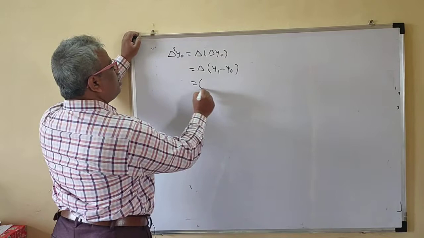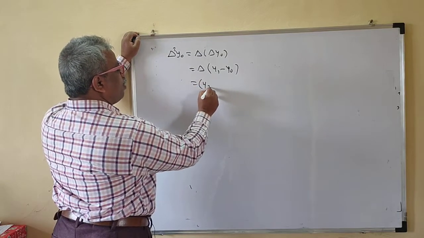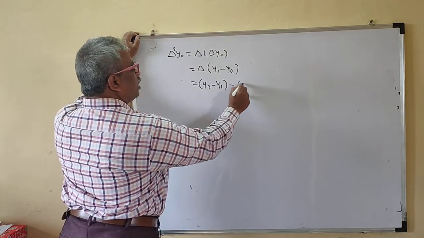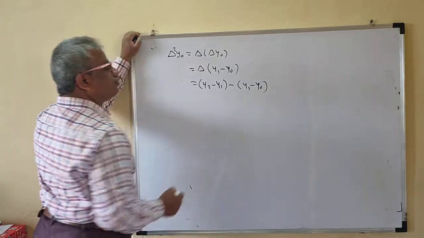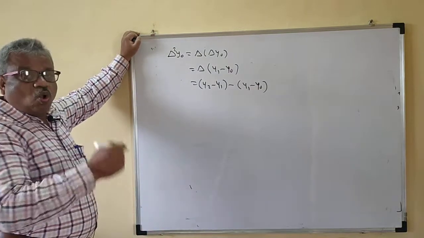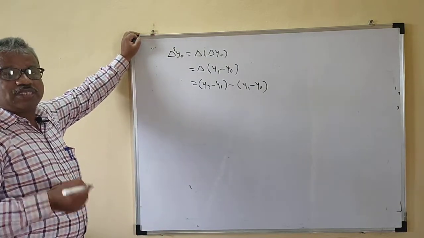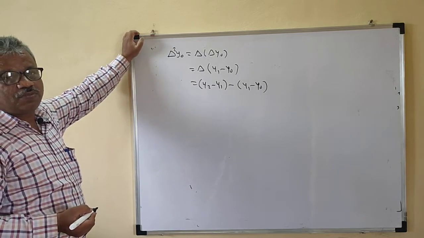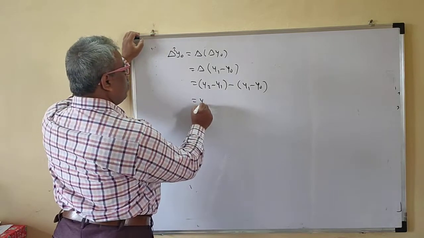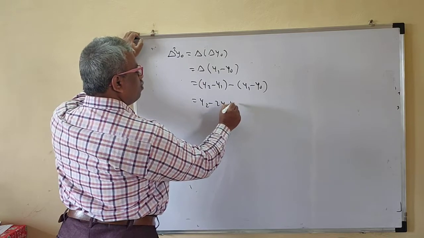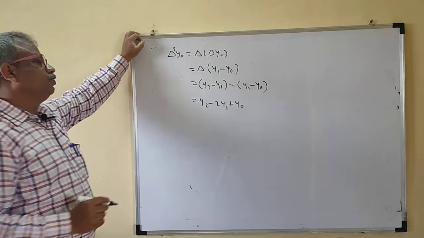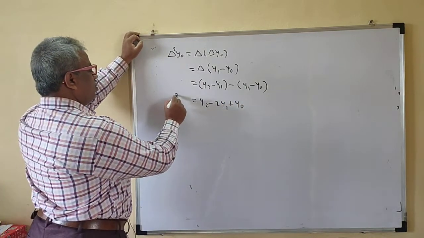Then this will be y2 minus y1 minus (y1 minus y0). So how to operate first forward, second forward? This will be y2 minus twice y1 plus y0. Okay, so this is your delta square y0.